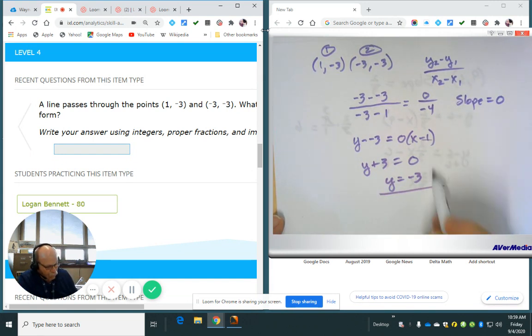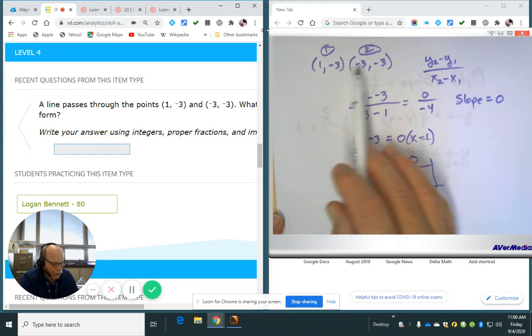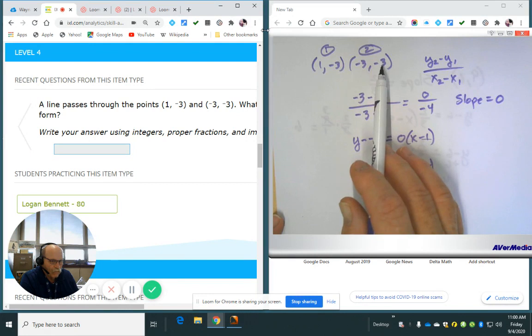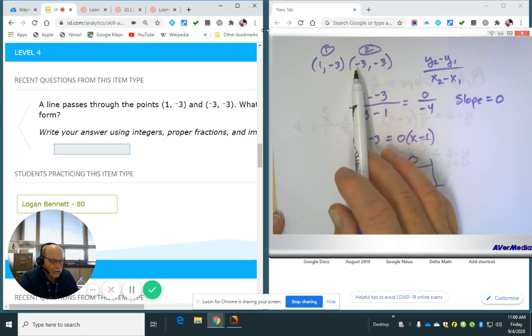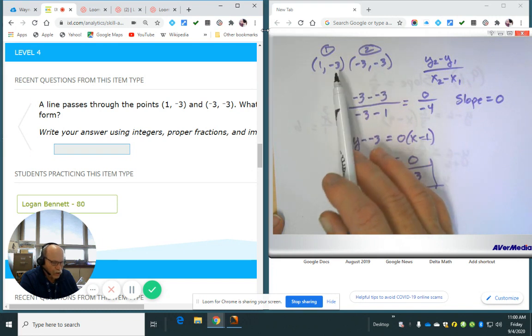Now, the clue would be that it's a flat slope. Slope equals 0, that's flat. The other clue would be that in both of these points, y is the same number. Remember, slope is the change in y over the change in x. Well, there was no change in y.